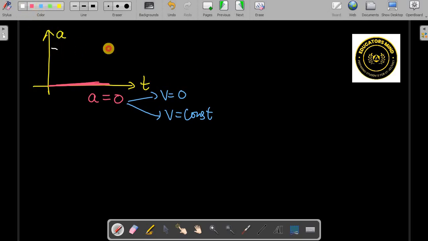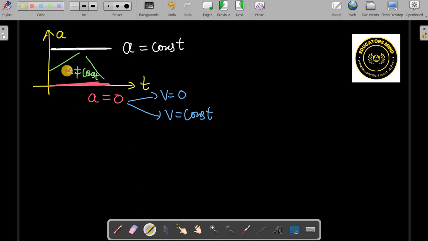Similarly, if it is some other constant, let's say like this, this represents constant acceleration or uniformly accelerated motion. Other than this kind of line, if this is an inclined line like this, then it represents variable acceleration. So here this represents acceleration not constant.